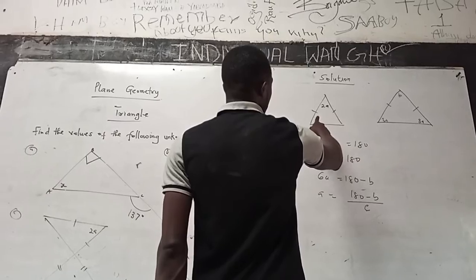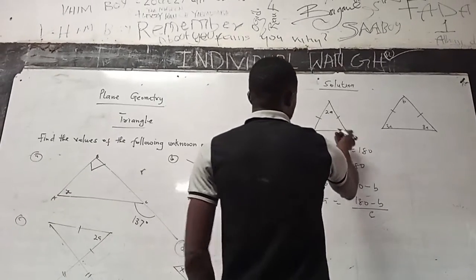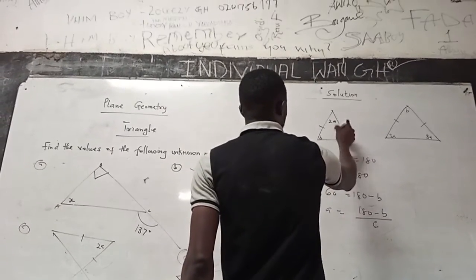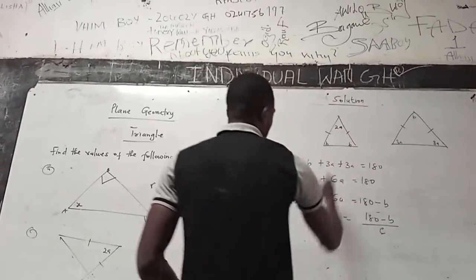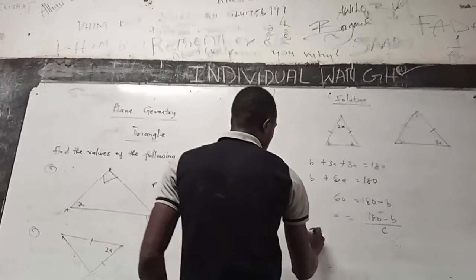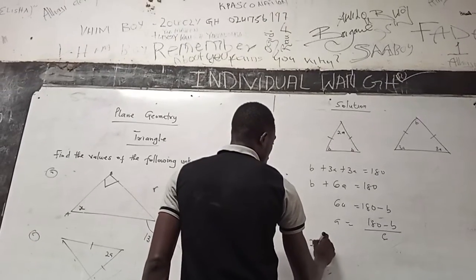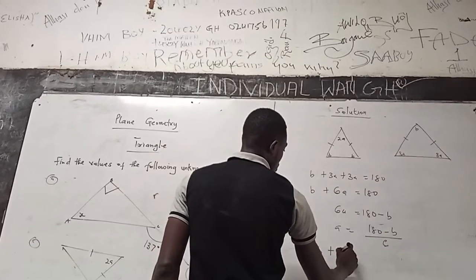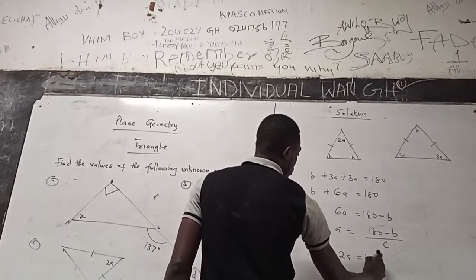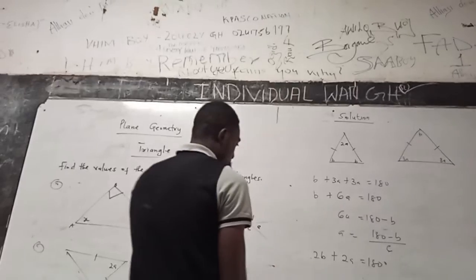Once we are using B, here we can represent this one by B. If you write this statement also, 2B plus 2A will be equal to 180.